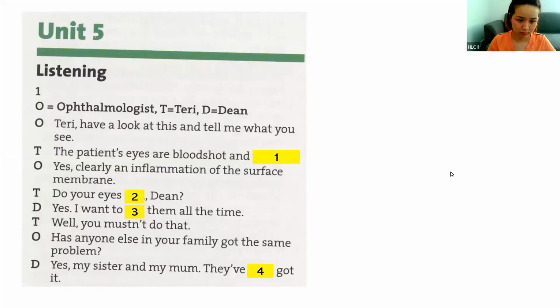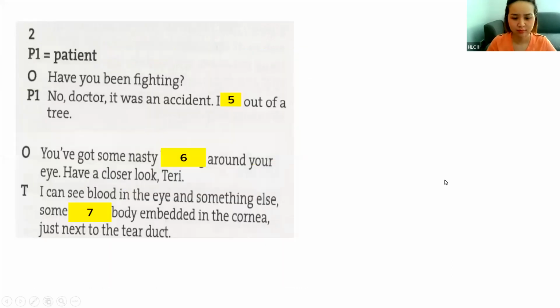Do your eyes itch, Dean? Yes, I want to rub them all the time. Well, you mustn't do that. Has anyone else in your family got the same problem? Yes, my sister and my mum. They've both got it. 2.